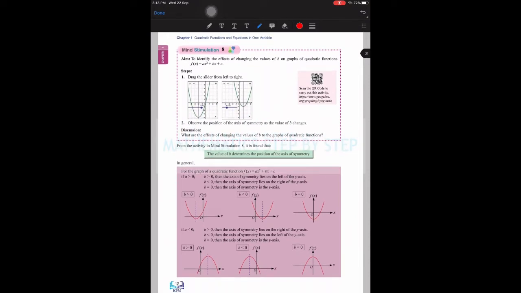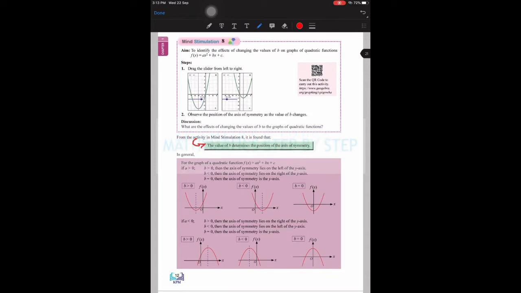So this mind stimulation 8, you guys can do it at home, okay? And from this activity, you will know the value of b determines the position of the axis of symmetry, okay? Whenever b changes, the axis of symmetry will change, okay? So again, let us refer to this. This is important, okay?